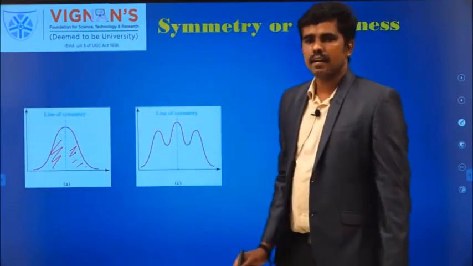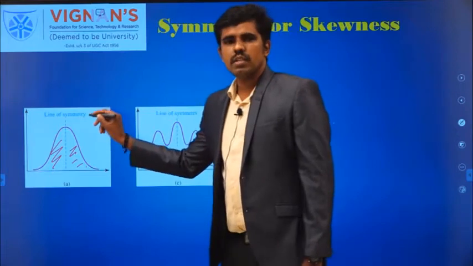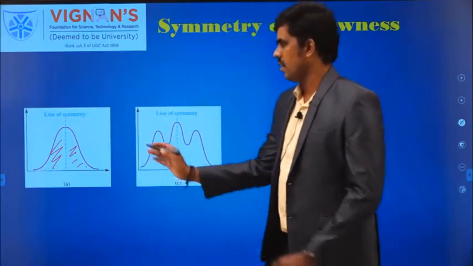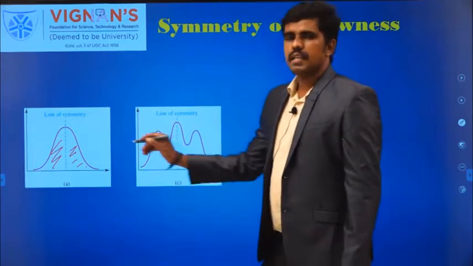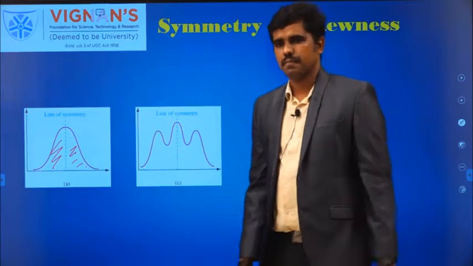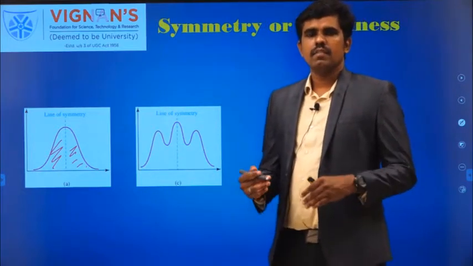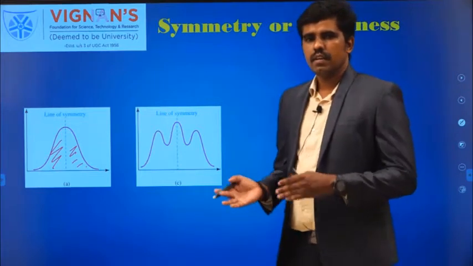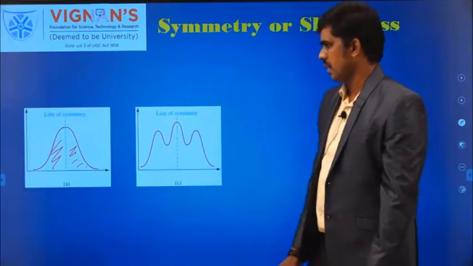If you have data, and that data gives you this type of graph, where the left half is the mirror of the right half, then we say that graph is symmetric. The data distribution is symmetric. So we are talking on data distribution. In a graph we will call it symmetric if the left half is equal to the right half of that graph.